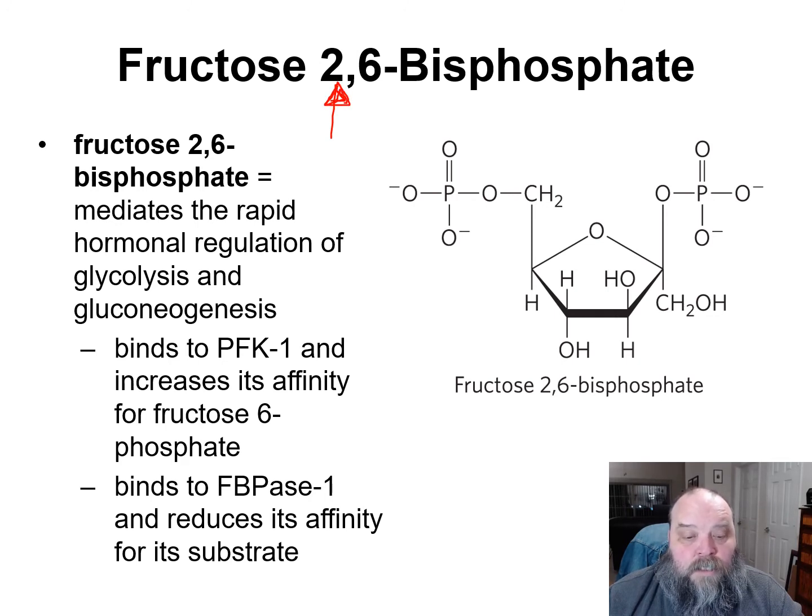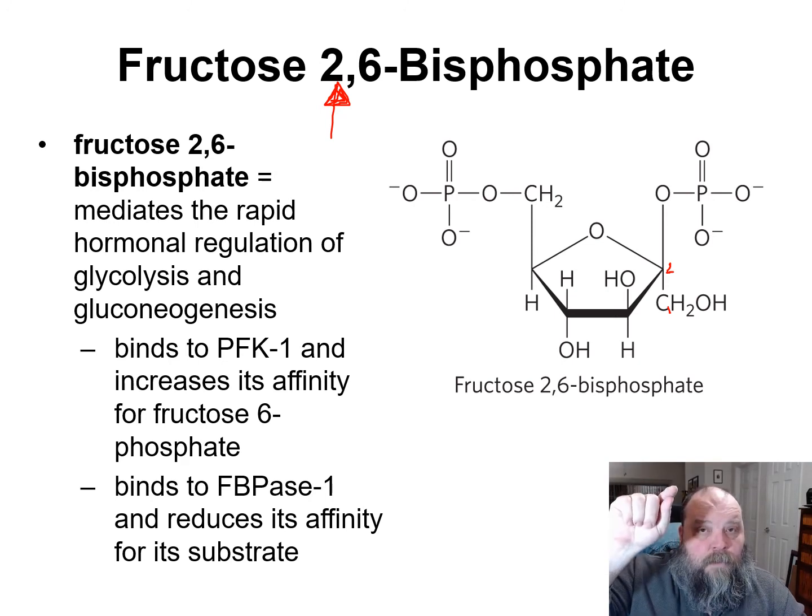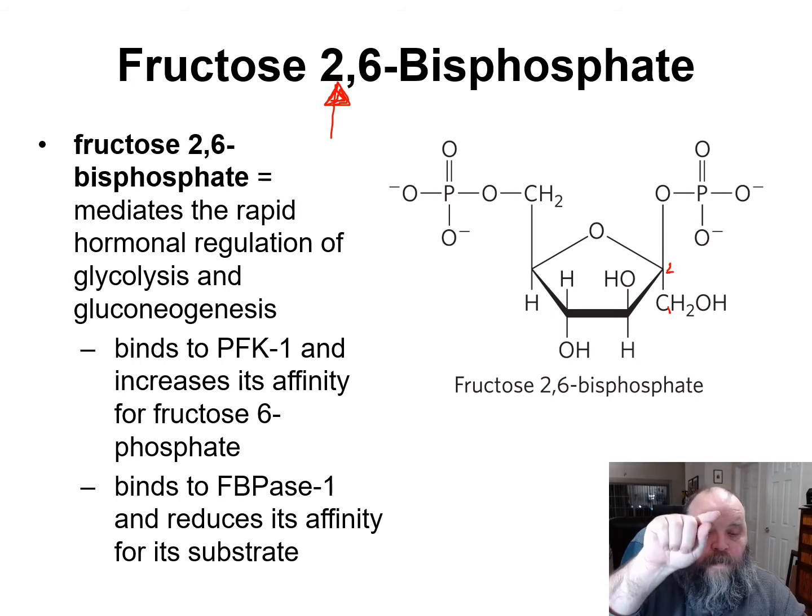Fructose 1,6-bisphosphate is in glycolysis. So this is C2 right there, C1, which is the fructose 1,6-bisphosphate. Remember, it should be in the up orientation with the phosphate group coming off of it there.